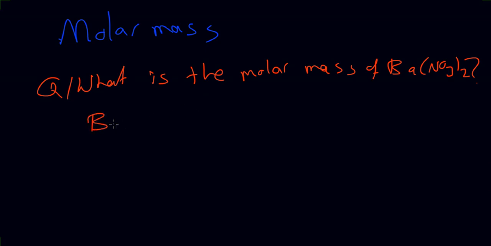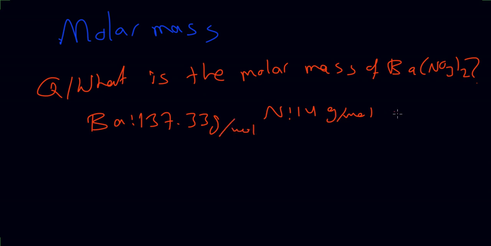So barium, molar mass of barium is equal to 137.33 gram. N is equal to 14 gram per mole. O is equal to 16 gram per mole. Okay, good. Let's find this.